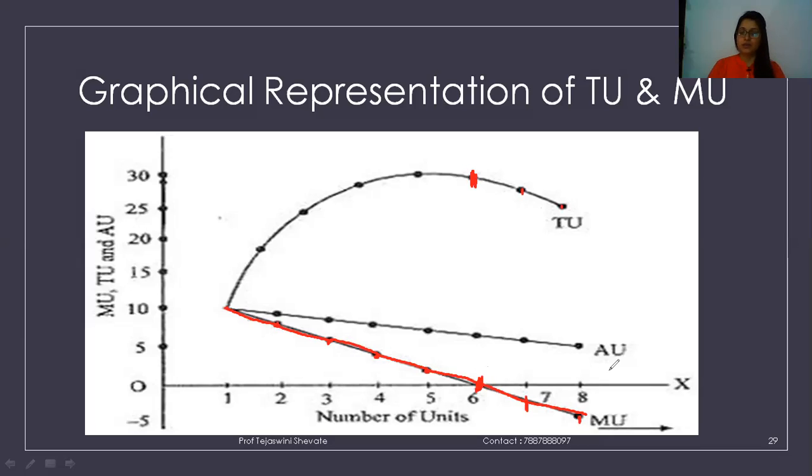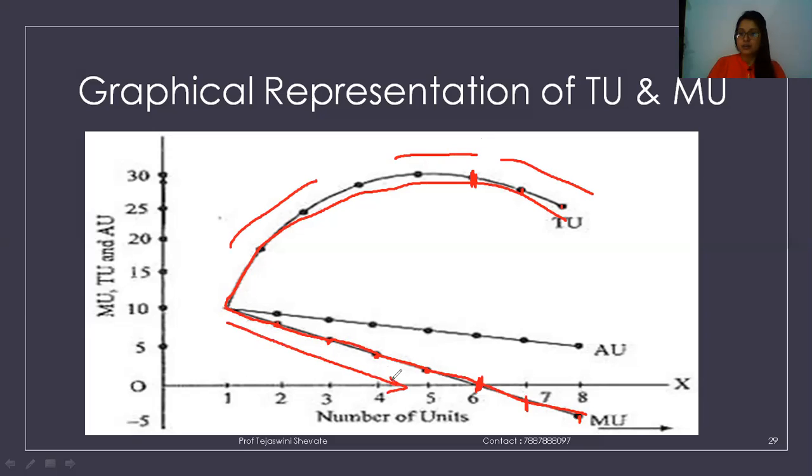So what you need to understand is, total utility is always positive. It keeps on increasing, stays stable, reaches a point of satiety, and then starts falling. Do you understand this? But the marginal utility curve always keeps on falling, and it reaches a neutral point, 0, and then turns negative.